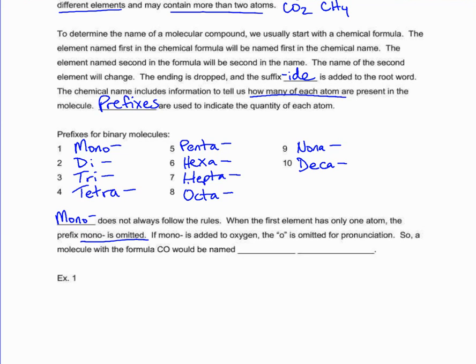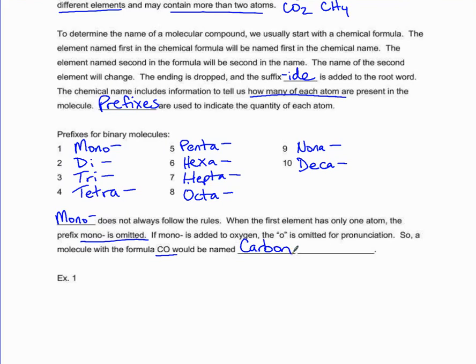It's just carbon dioxide. The next thing about it, if mono is added to oxygen, one of the O's is left off just for the sake of pronunciation. So a molecule with the formula CO, there's one carbon, which would be mono, but it's the first element, so we don't put the mono.